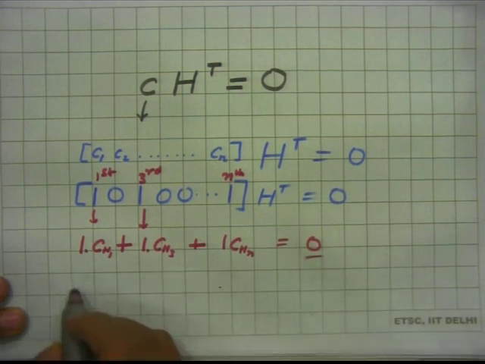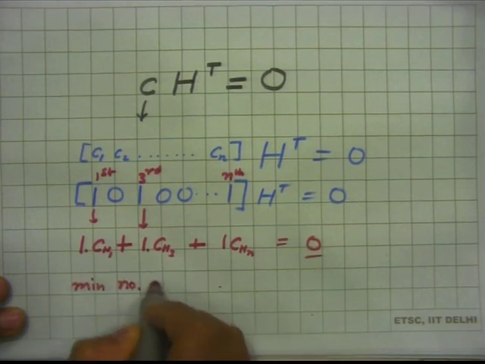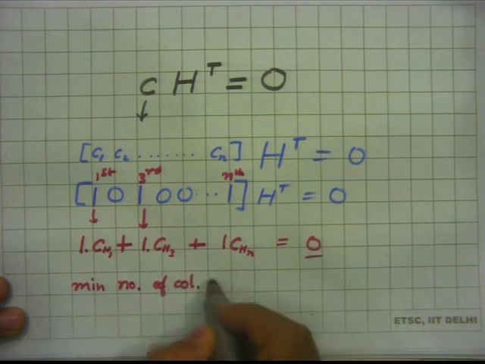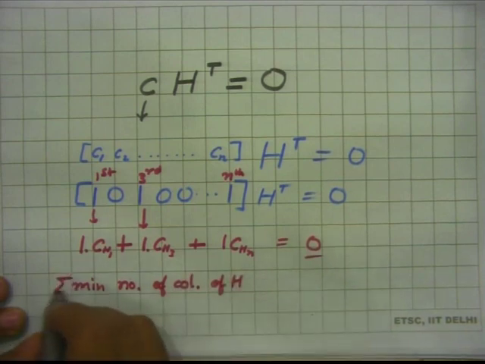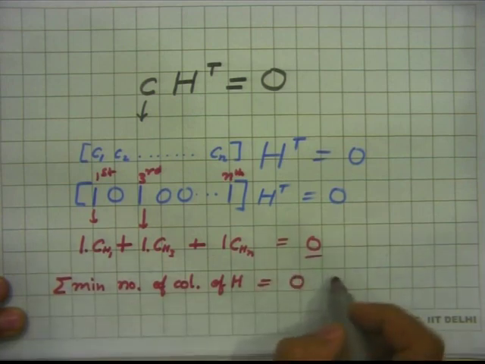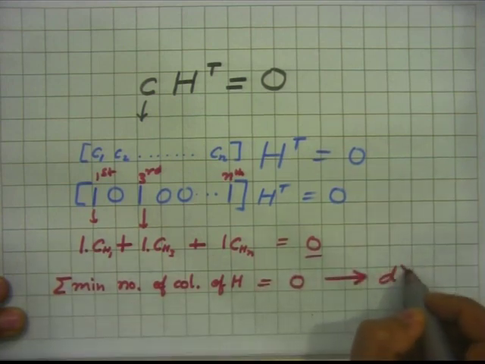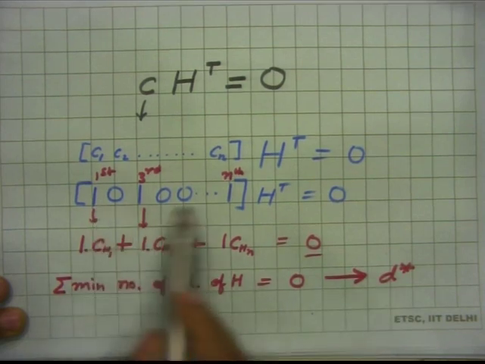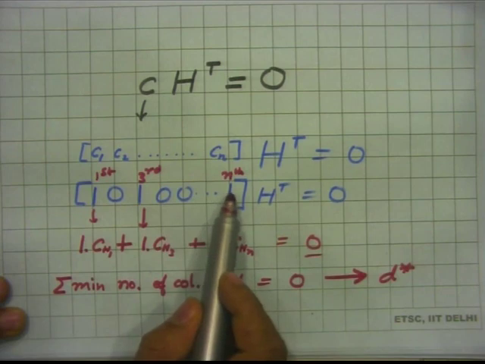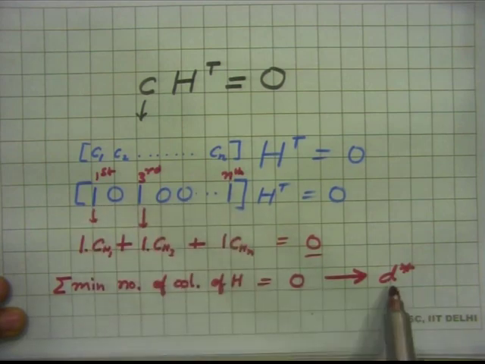So, the minimum number of columns of H that add up to 0 would give you d star, because that is how many columns are picked up by the non-zero elements of this code word, and therefore, that directly corresponds to your d star.